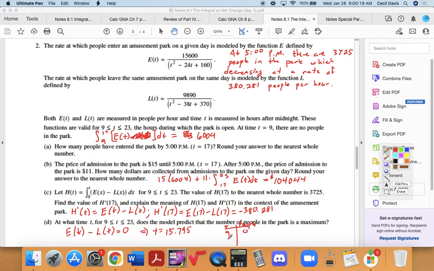Makes you wonder how many people are in the park at time 23. I'm going to guess 0. One would hope. Punch it in real quick, but I'm pretty sure it is. You punch into h of t. So it'd be the integral from 9 to 23 of e of t minus L of t.